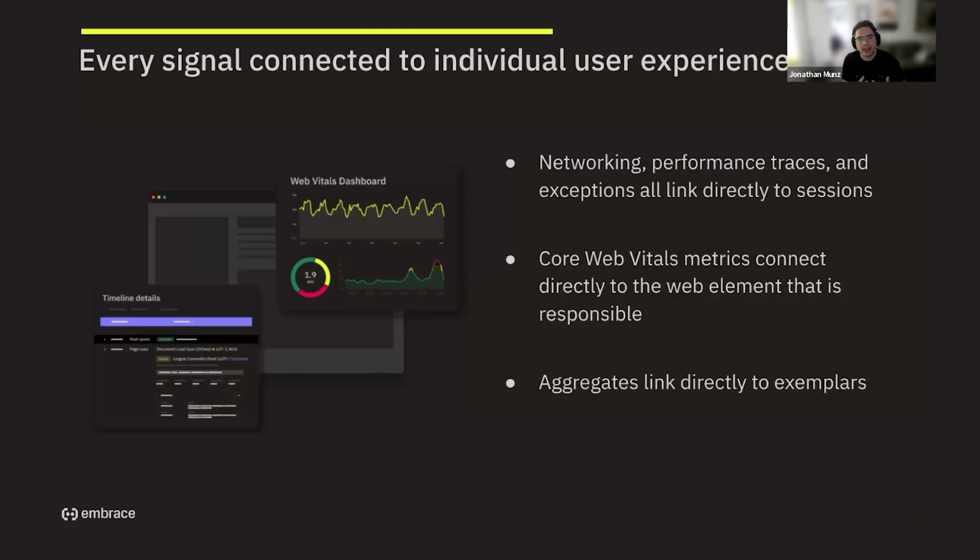What's all that context that you need to figure out what's going on and improve it going forward? That's a core experience for Embrace across all these signals: always being able to link aggregates back to exemplars so you can get that sense of what happened and how to make it better.